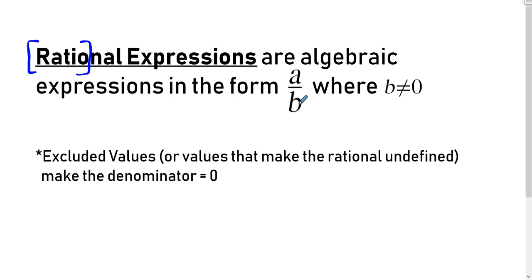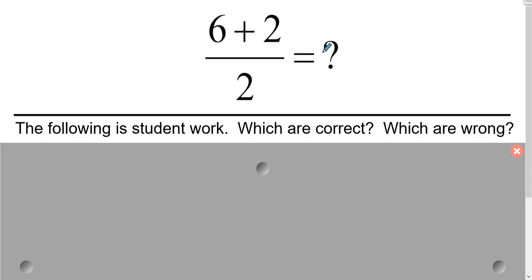So remember that rational expressions are always going to be written in this kind of fractional notation, and that the value of the denominator can never be equal to 0, right? So next we're going to take a look at a couple of basic things that we need to remember before we start looking at some other things for rational expressions.